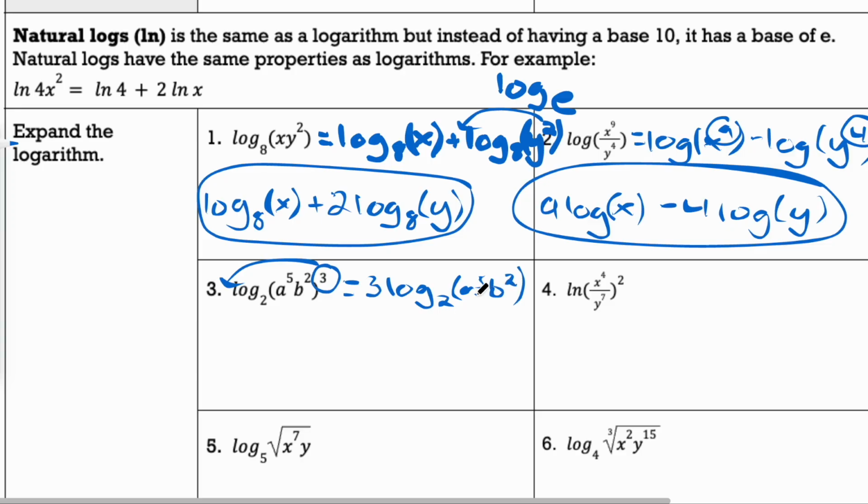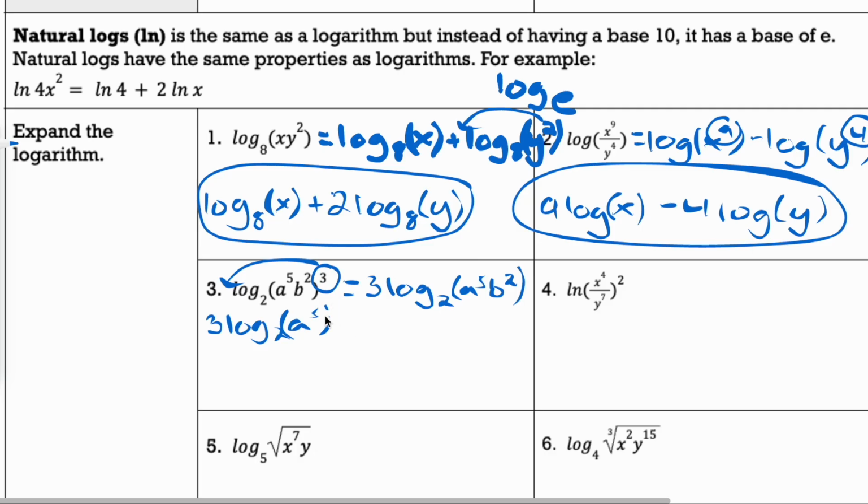Now since we're multiplying this a to the fifth and b squared, we're just going to add. So we're going to say 3 log base 2 of a to the fifth.